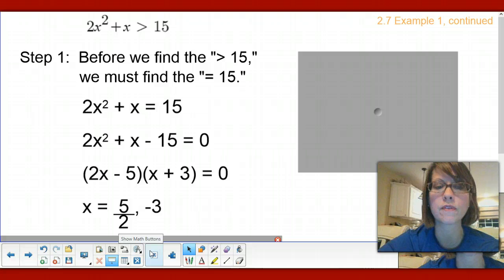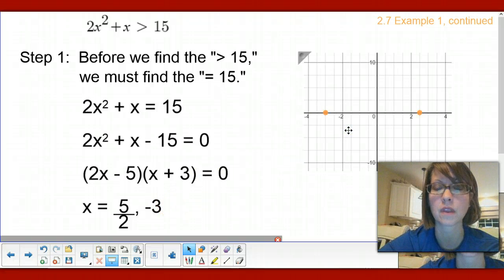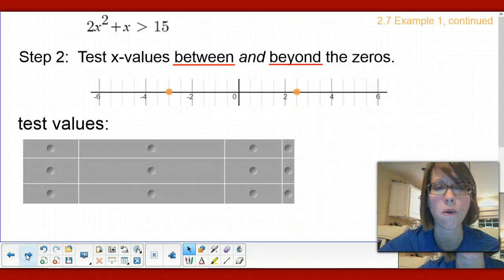Remember on the previous page, I had 2.5, that's what 5 halves is, and an x value of negative 3. These two x values were those two points of intersection. So 2x squared plus x equals 15 has zeros at x equals negative 3 and x equals 2.5. We're going to build this graph as we go.